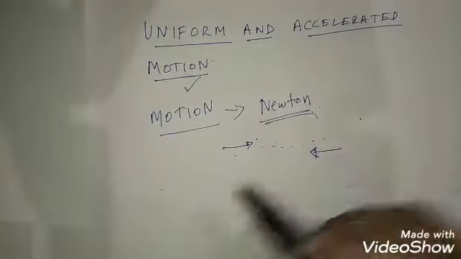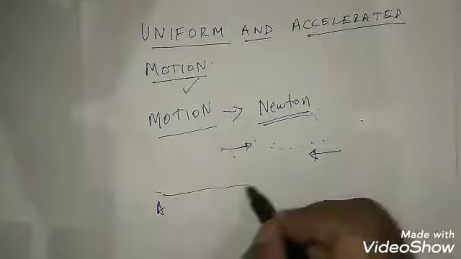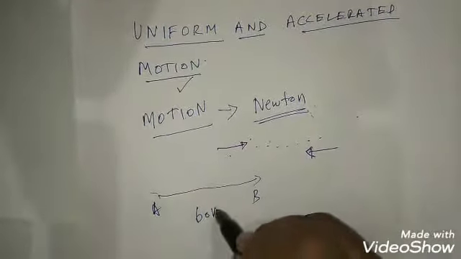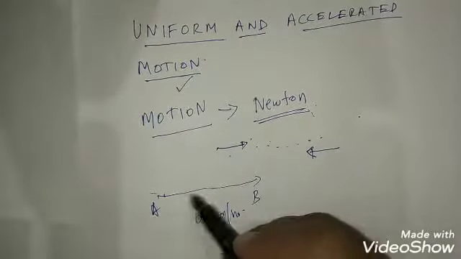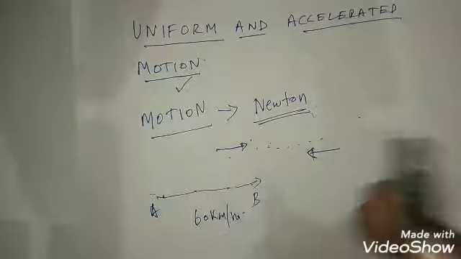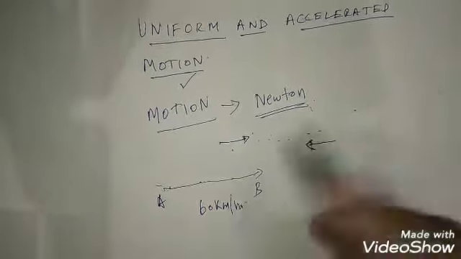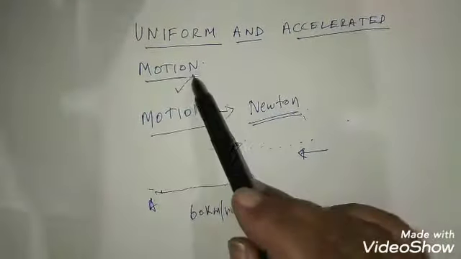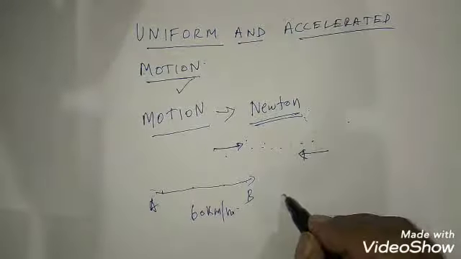Or to express in the other form, if you are going in a vehicle, let's say from point A to point B at 60 kilometer per hour, whether you measure at this point, this point, this point, it is the same. Okay. So this is called the uniform motion.